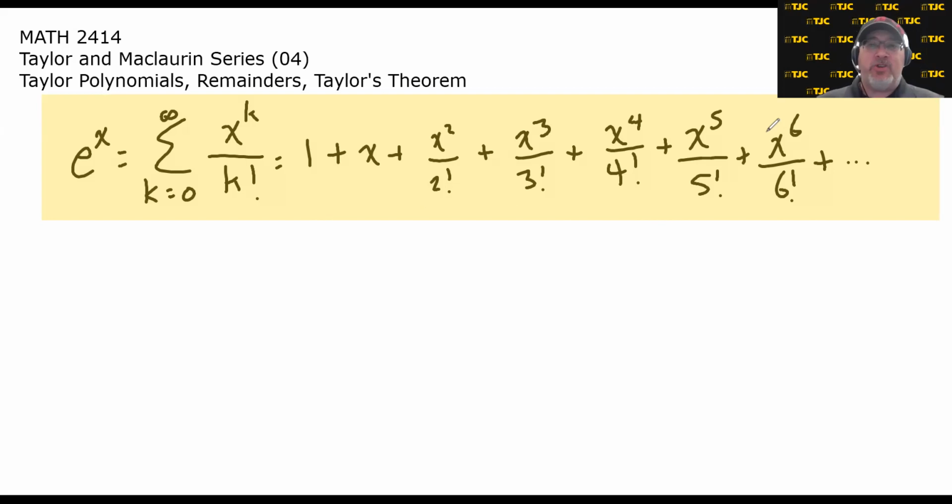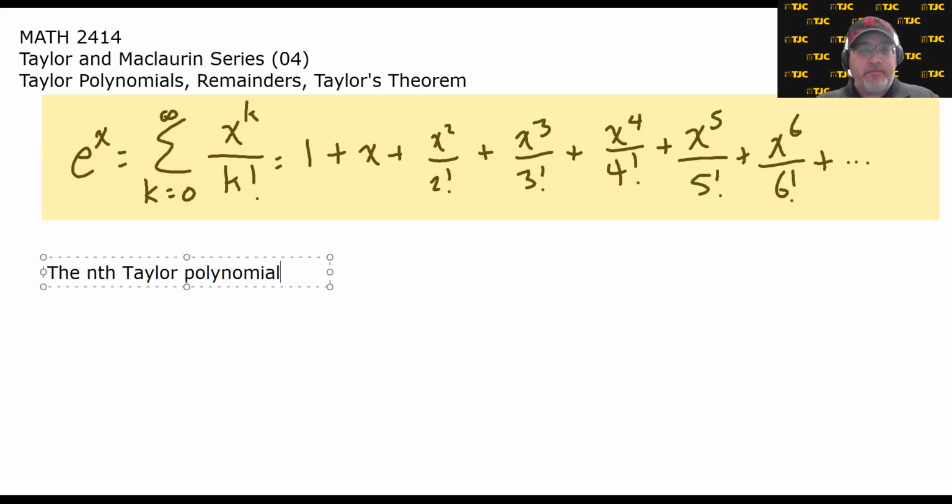In order to address what I'm talking about, I need to first introduce something called a Taylor polynomial. Now, a Taylor polynomial is actually a pretty easy concept. The nth Taylor polynomial for f of x.